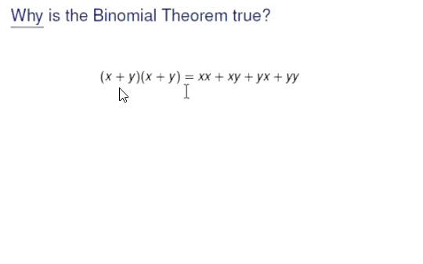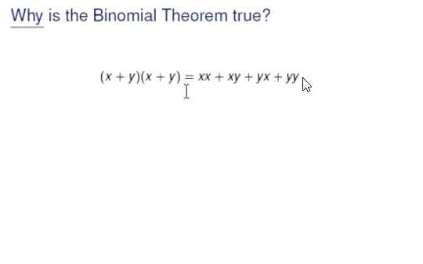So see the example: x into x we will get x square, then x into y we will get xy, then again we pick the second element and multiply with the other set, y into x we will get xy, and then y with y it will be y square.